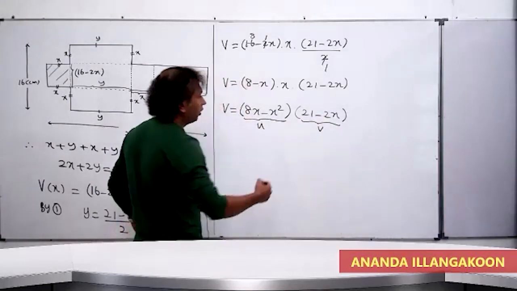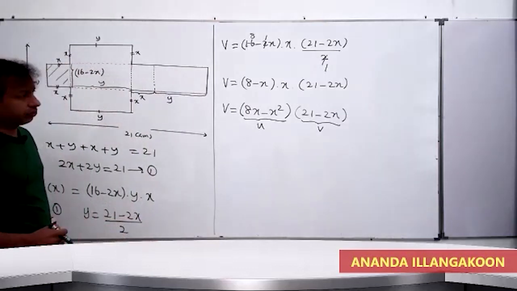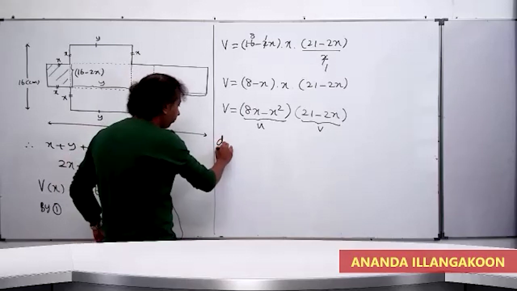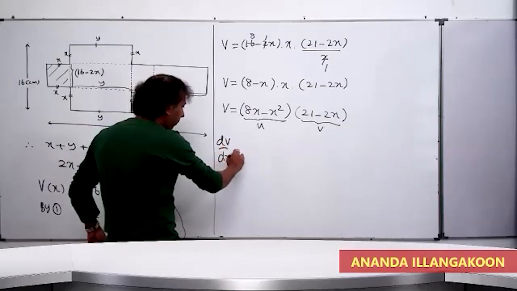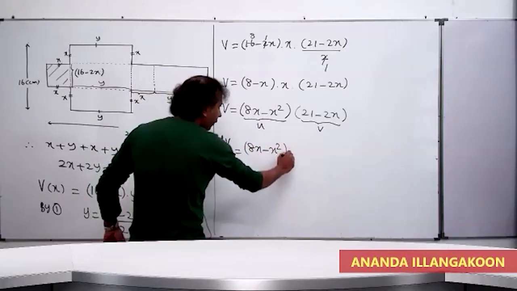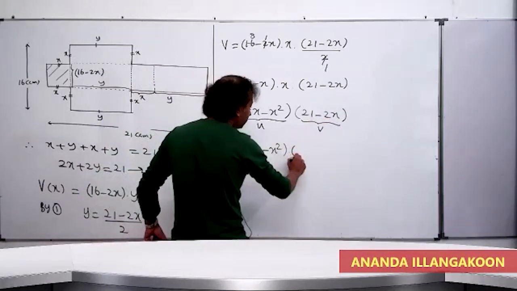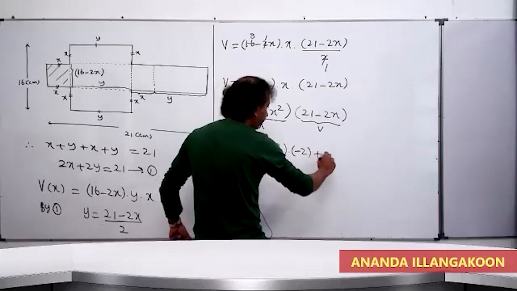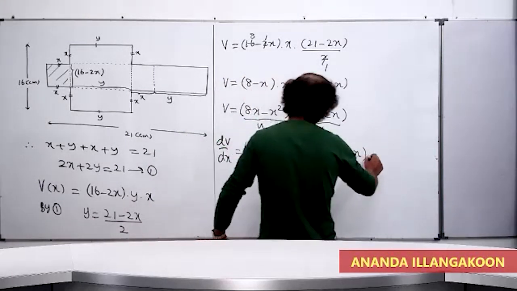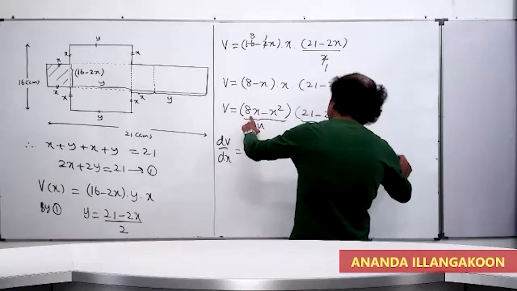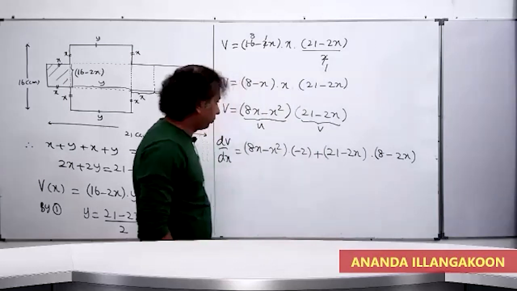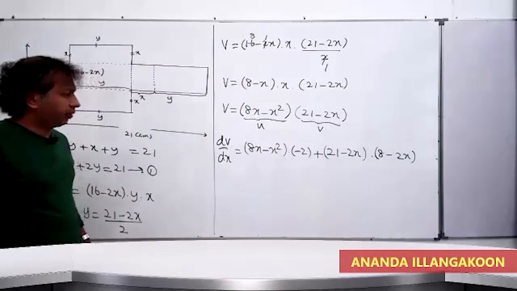We can eliminate the brackets also, but we'll take like this. dV by dx, 8x minus x squared into, when we differentiate here we get minus 2, no people, plus 21 minus 2x into here 8 minus 2x.